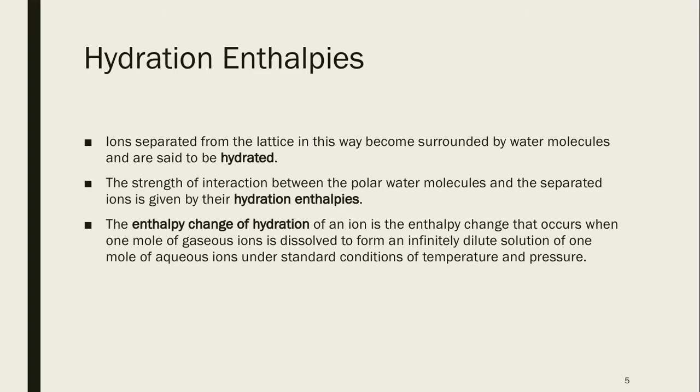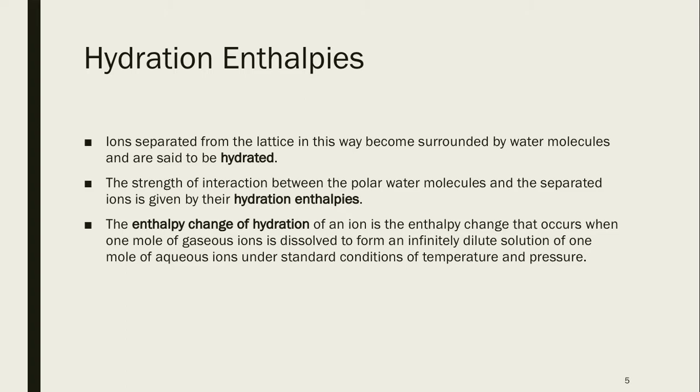Specifically, when water is involved and those water molecules surround the ions that are dislodged, this is our hydration. The strength of interaction between the polar water molecules and the separated ions is given by their hydration enthalpy. So there's some sort of attraction between the ions and the polar water molecules, and this is the enthalpy of hydration.